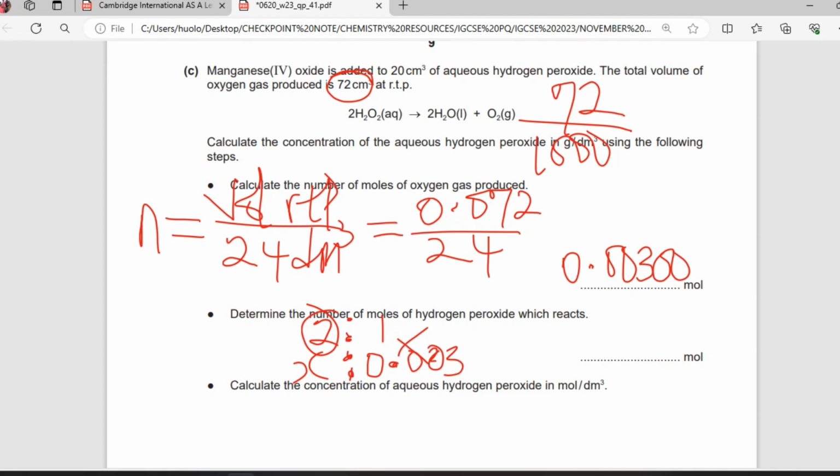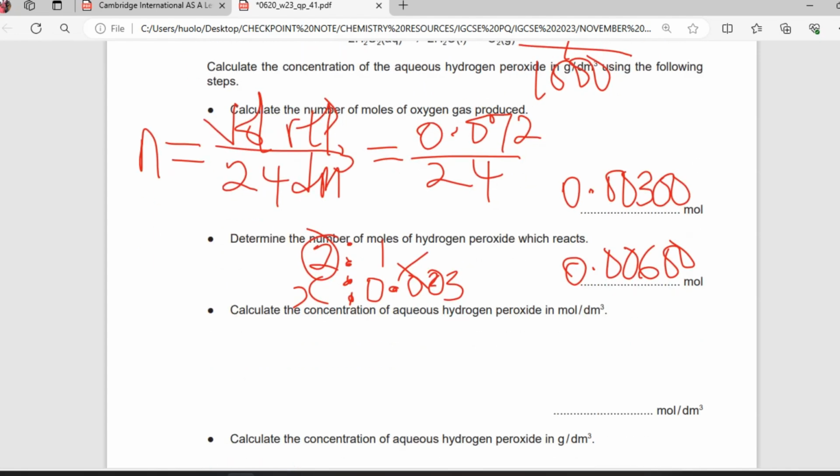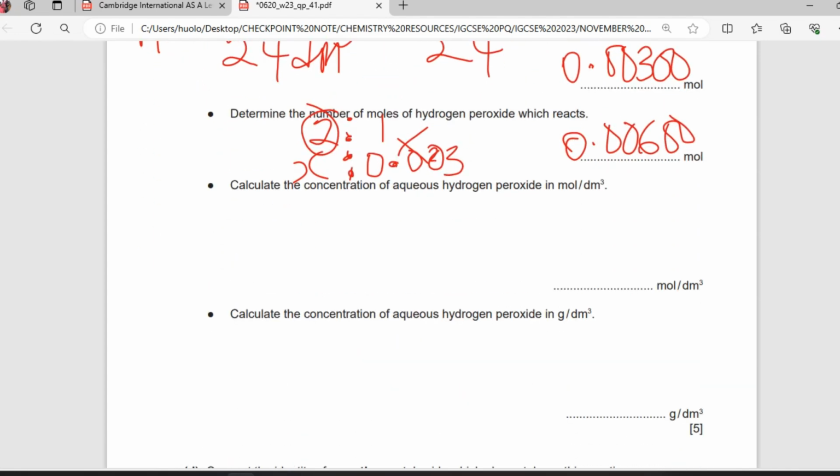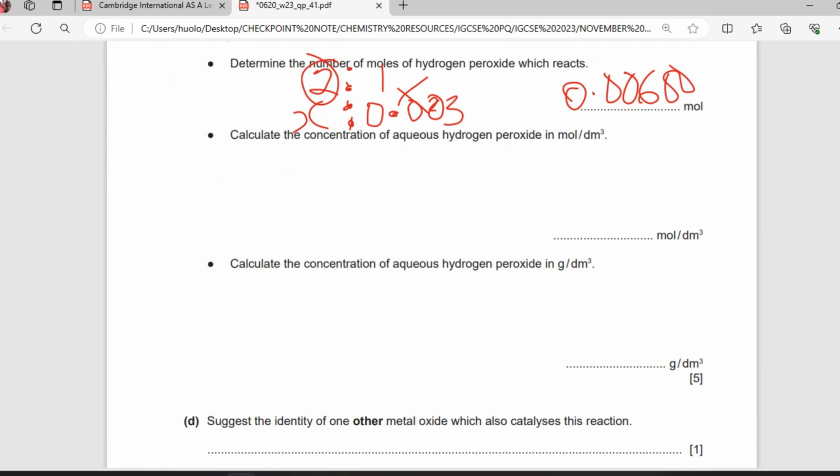So when we do that, we have 0.006. Like I said, you want to leave your answer to 3 significant figures. So we are doing great. We make progress. Now calculate the concentration of aqueous hydrogen peroxide in mole per dm cube.